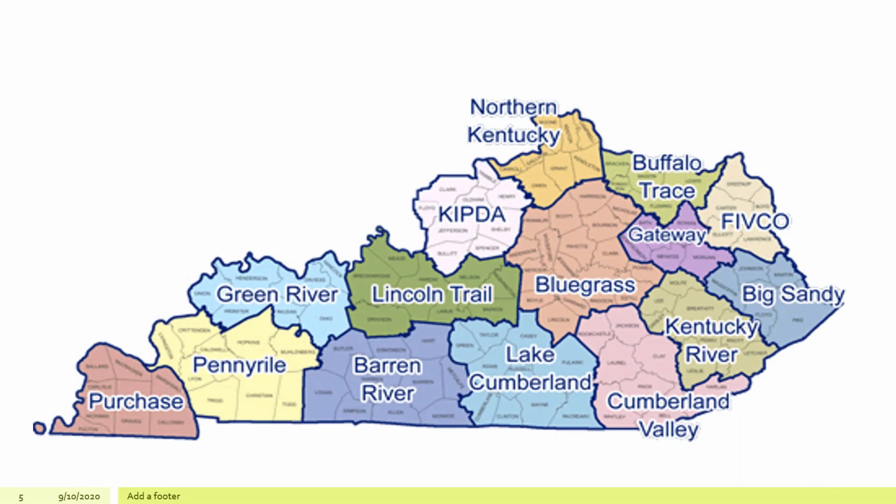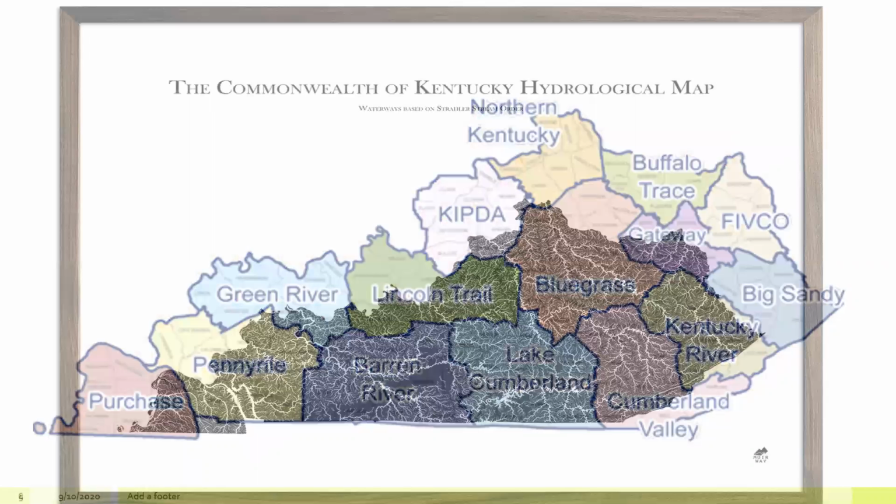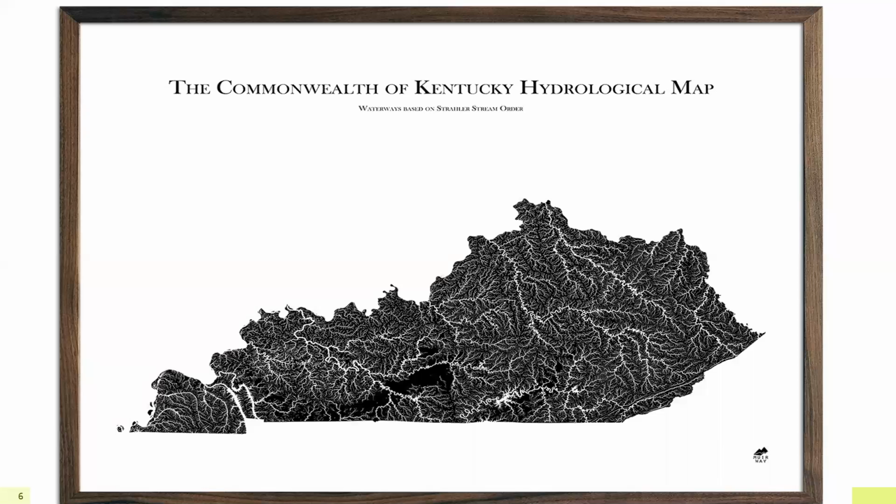But the Barren River is actually a river that flows into the Green River, which is one of the 8 major river basins in Kentucky. And I did want to briefly look at the map with you on that, not so much to point out any kind of detail with regard to the river systems, the hydrologic systems here. But what I think is real interesting when you do look at the map is we're right down here in this western, south central area.